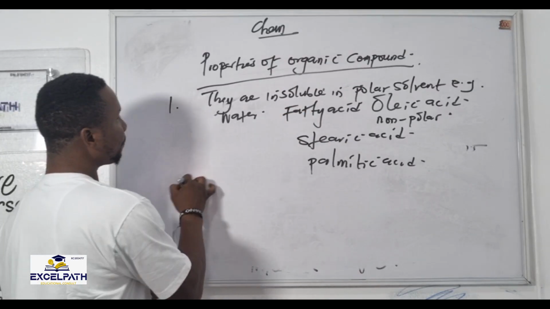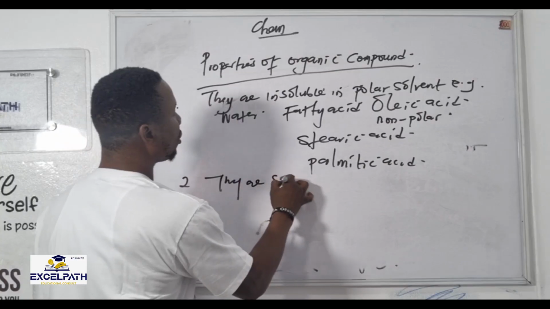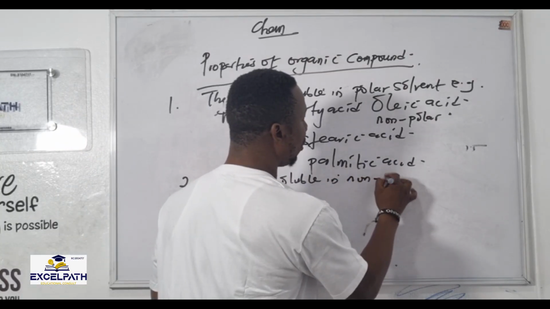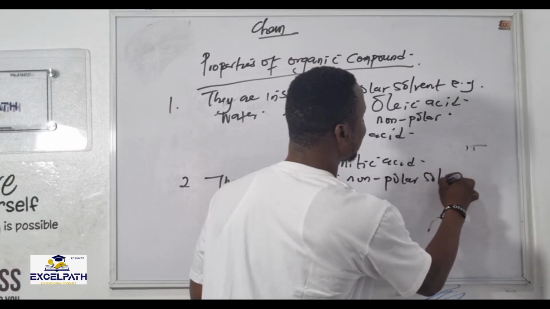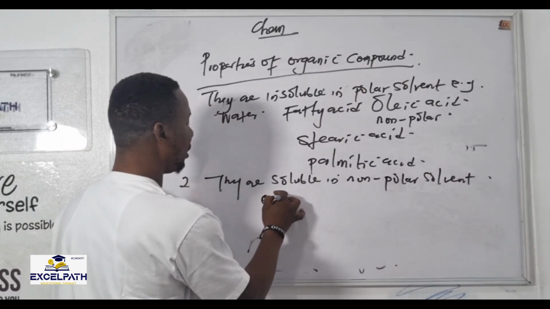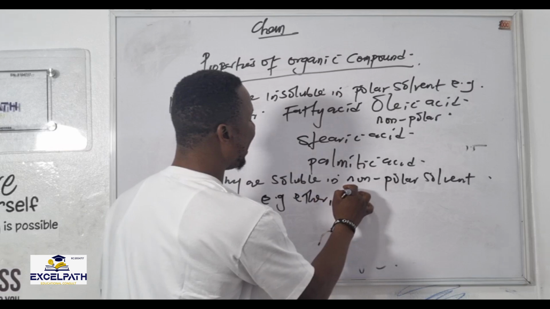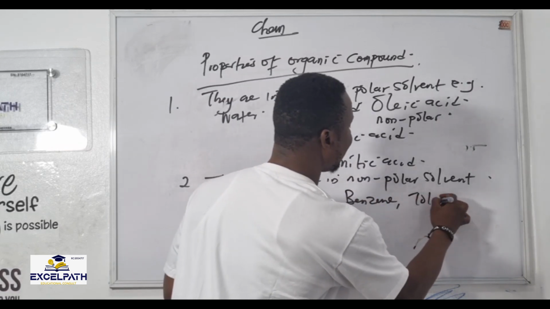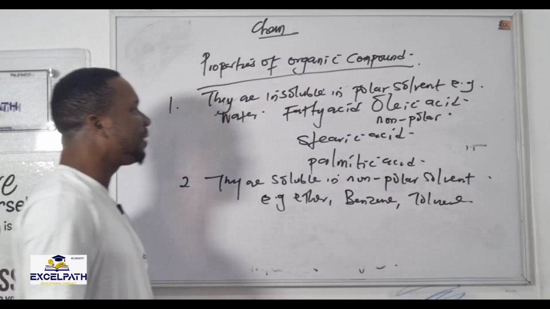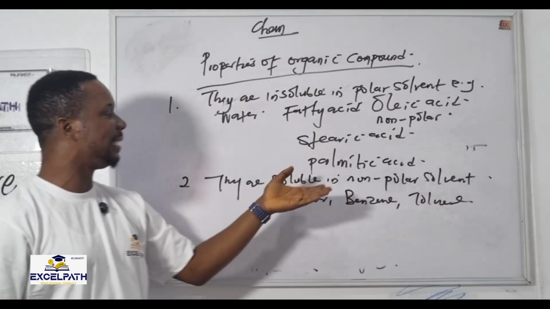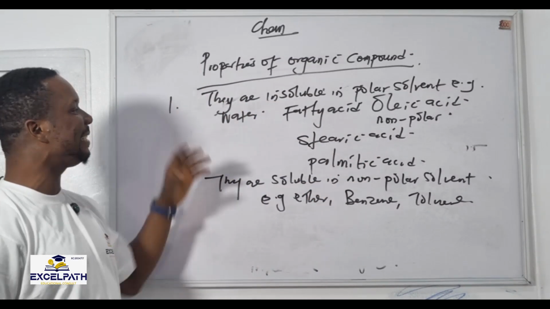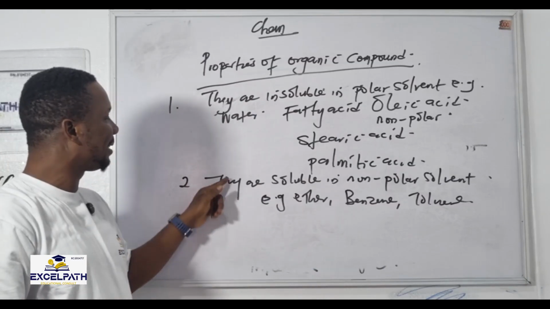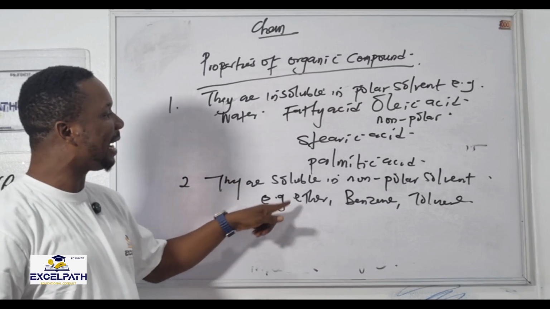Number 2, they are soluble in non-polar solvents, e.g., ether, benzene, toluene, etc. You can dissolve stearic acid, oleic acid, palmitic acid, capric acid, or all fats and oils inside non-polar solvents.